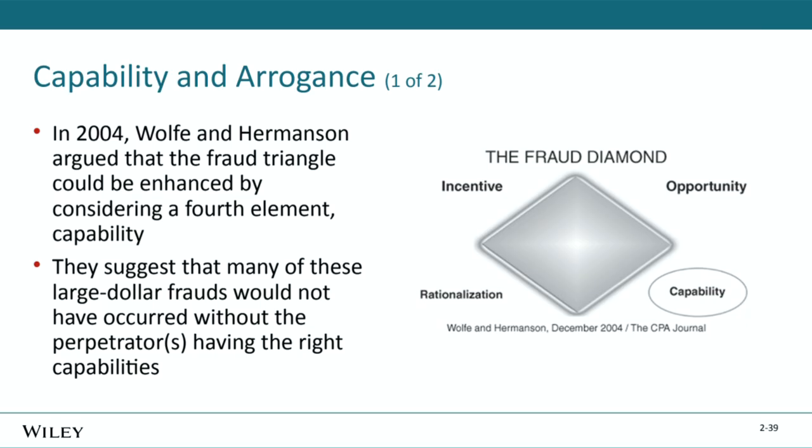Yeah, you need a certain amount of skill. On the other hand, a small dollar amount fraud, you really don't need any special skills to do. So Wolf and Hermanson, 2004. Okay, we're going to make it from a triangle into a diamond, adding capability.